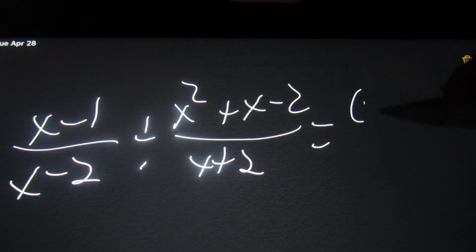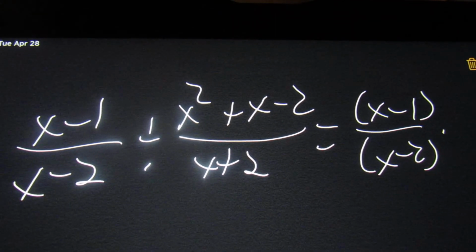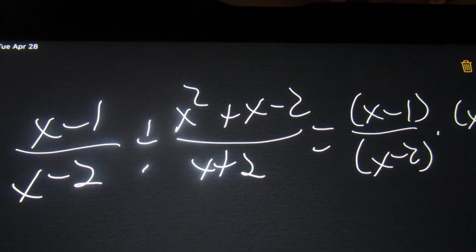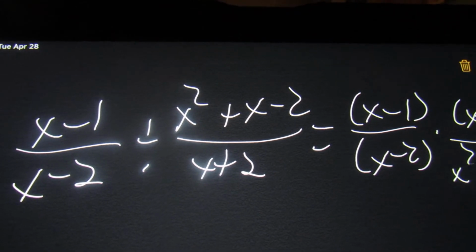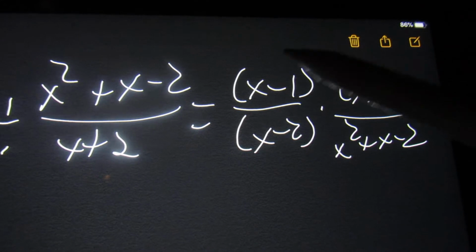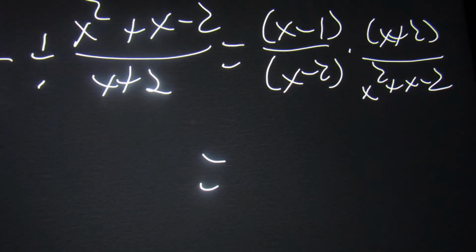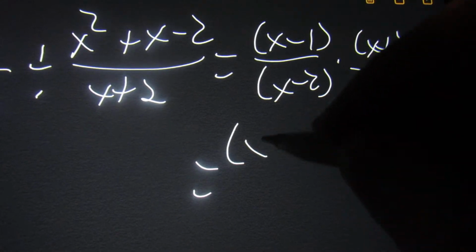So this becomes (x - 1) over (x - 2) times (x + 2) over (x squared plus x minus 2). Note that I put the binomials in parentheses so I know that they go together.